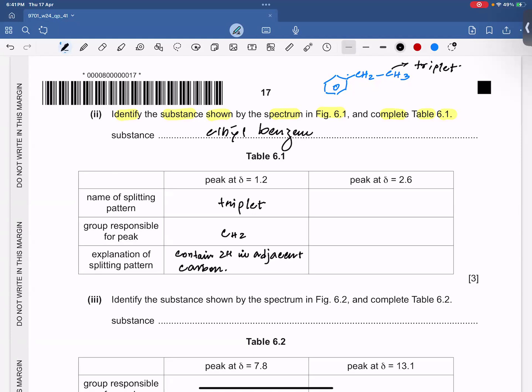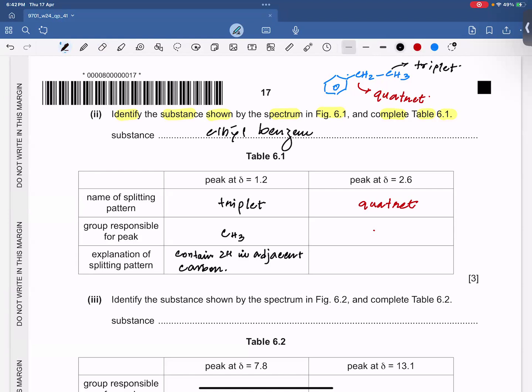Now at 2.6, you're going to get a quartet. And the group responsible for the peak is CH2. Wait. This is CH3.